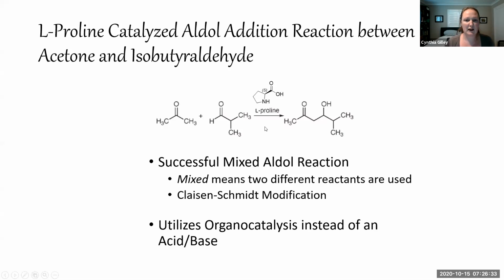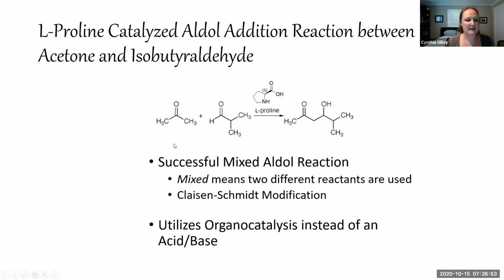If you're familiar with the aldol reaction, typically it is acid or base catalyzed, but in this case, instead of using a strong acid or base to catalyze the reaction, they're using L-proline, which is an amino acid that's chiral.